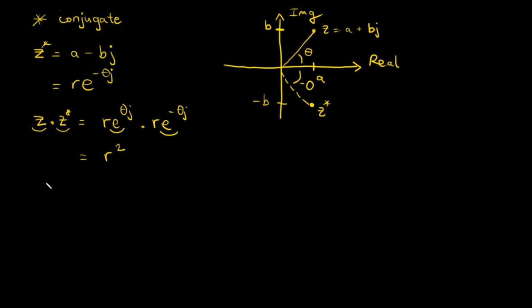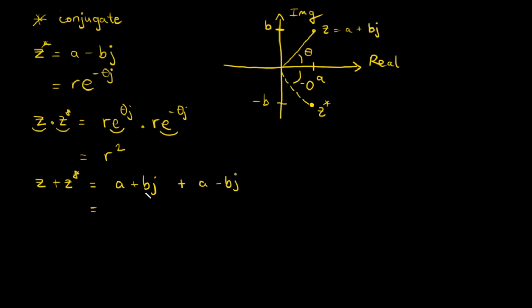How about adding the complex number with its own conjugate? What are you going to get? For addition, I prefer to use the Cartesian form because it's easier to add up complex numbers than using the polar form. So the complex number is a plus bj, and the conjugate is a minus bj.